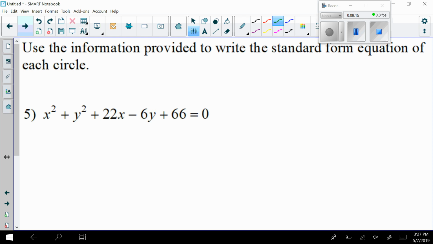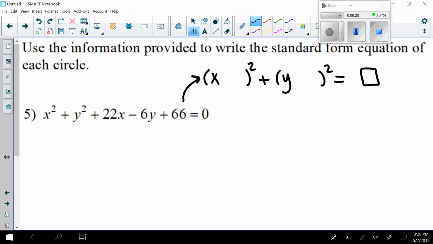So basically, the idea is that we want to rearrange this equation to make it look like this. This is our end goal, because then we would know exactly where the center is, what the radius is.